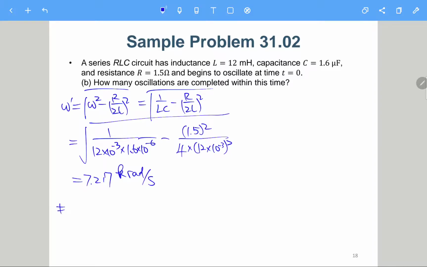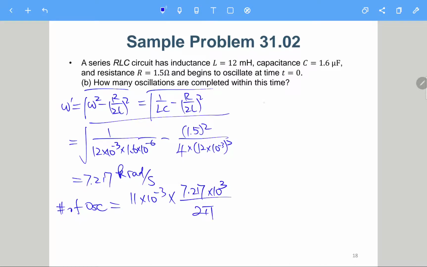And the number of oscillations should be 11 times 10 to the minus third power, times 7.217 times 10 to the third power over 2 pi.